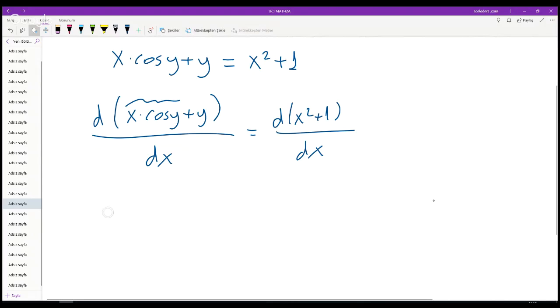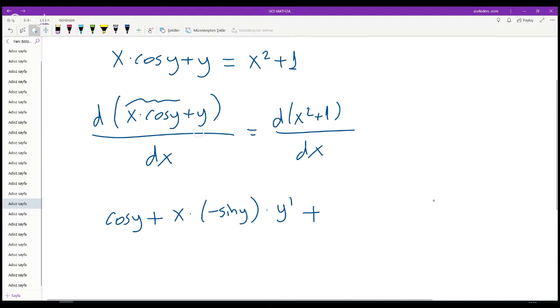The derivative of x is 1, times cosine y, plus x times the derivative of cosine y first with respect to y, minus sine y times y prime. Don't forget that. First, derivative with respect to y, and then derivative of y with respect to x. Okay?